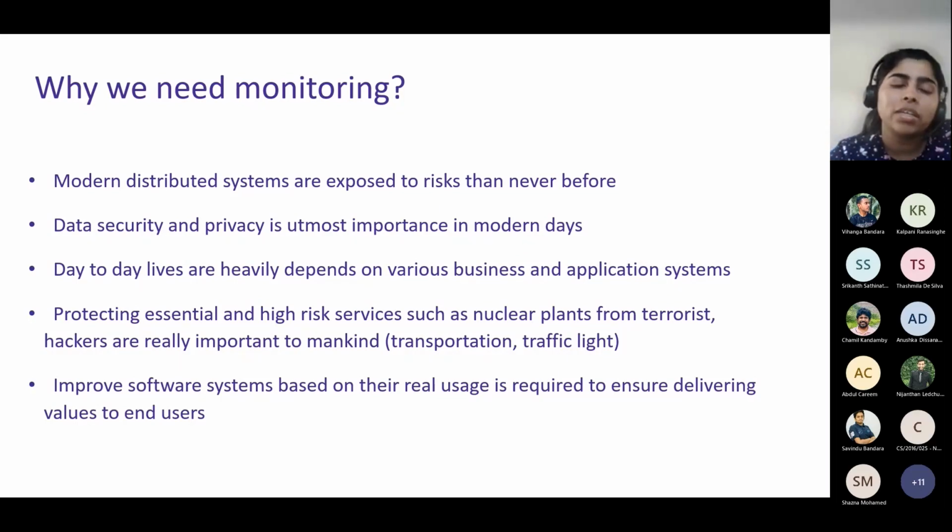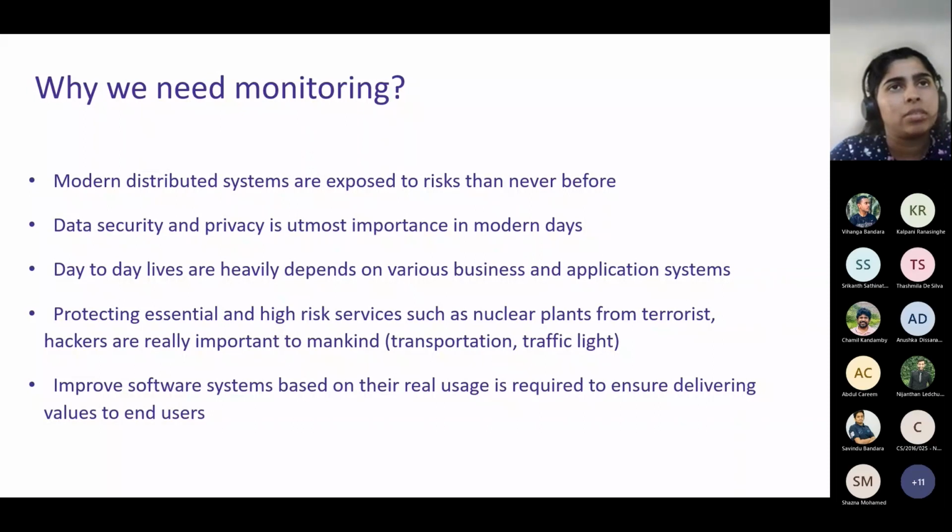And if we go further, there can be high-risk services such as nuclear plants, or military weapons, or even traffic light systems. These things need to be protected.